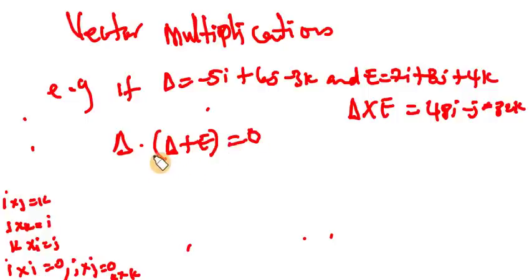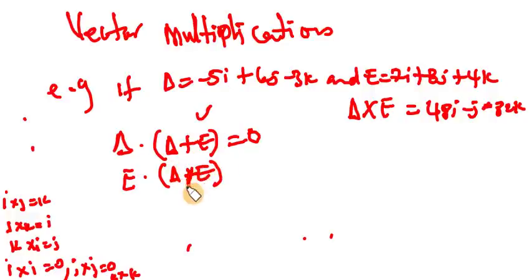So we're asked to show whether they are perpendicular. It's perpendicular if the dot product is what? 0. And you find out that when you dot D and this, you get 0. And when you dot E and this, you get 0.